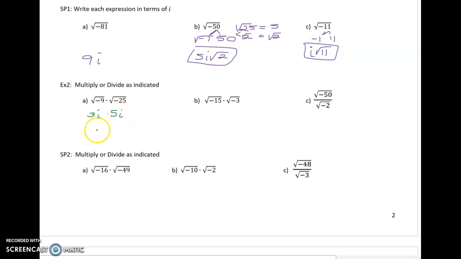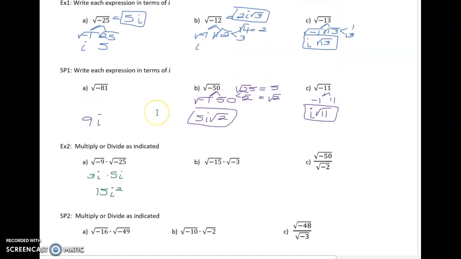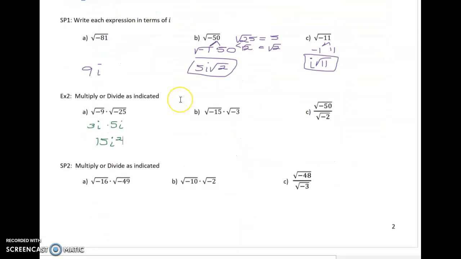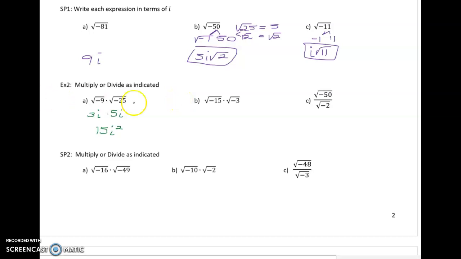And dividing follows its own rules. So 15i squared. So I'm going to scroll up. Earlier we said that if it's i squared, we change it to negative 1. So that is going to become 15 times negative 1. So our final answer is negative 15.